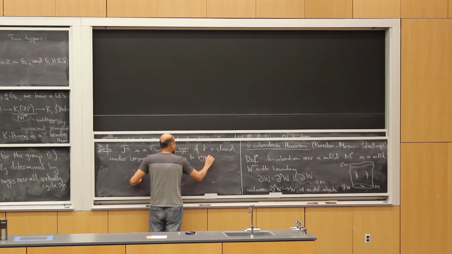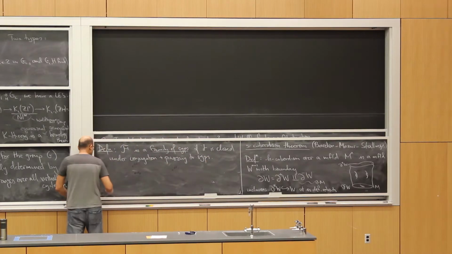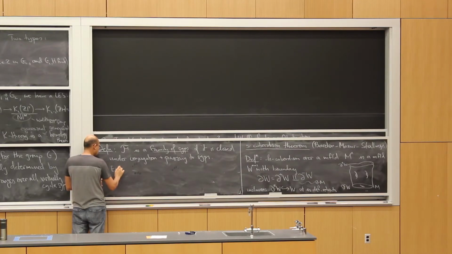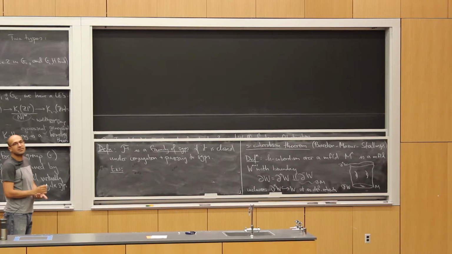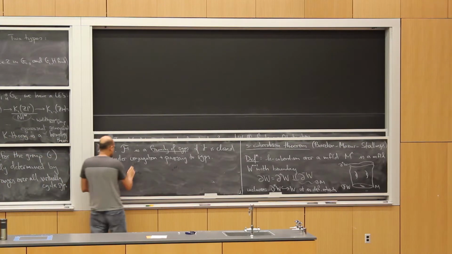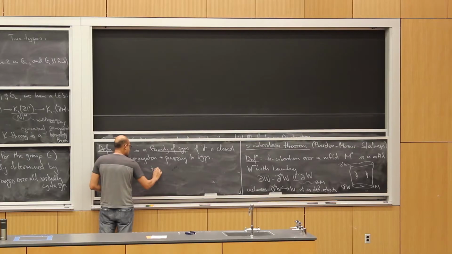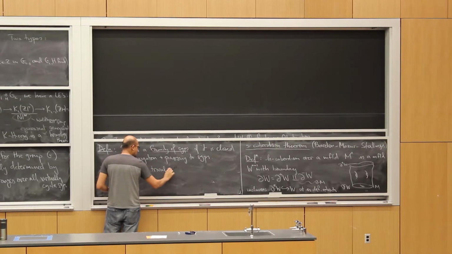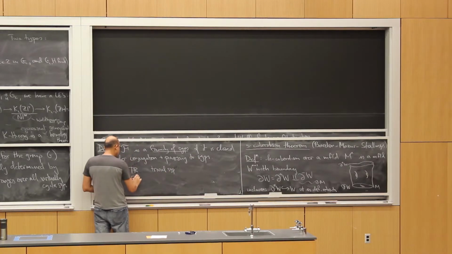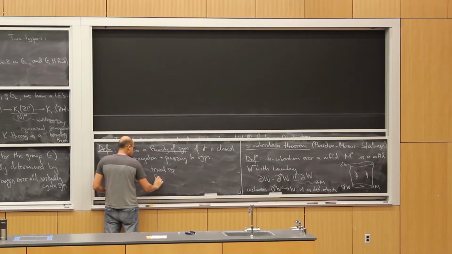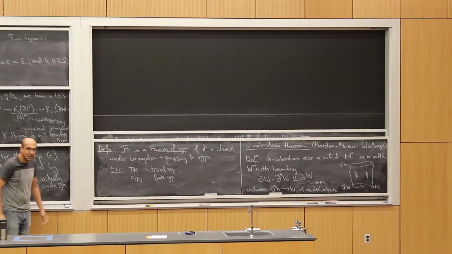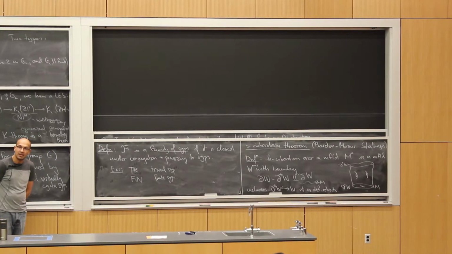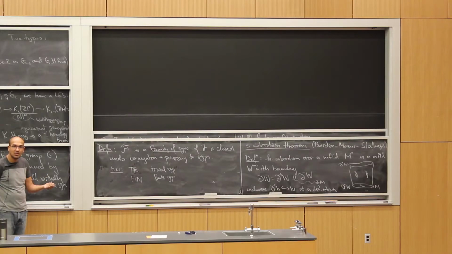Let me give you some examples. If you just look at the trivial subgroup, that's a family of subgroups. If you look at the family Fin of finite subgroups, so I give you a group G and look at the collection of all finite subgroups, that's a family. It's closed under conjugation: if I take a finite subgroup and conjugate it, it's still finite.